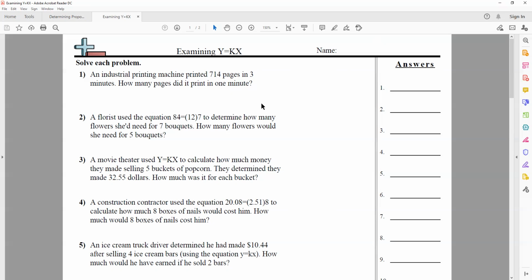Okay, so that would just be 3 to 714. Mhm. So let's see. Let me do the math real quick.